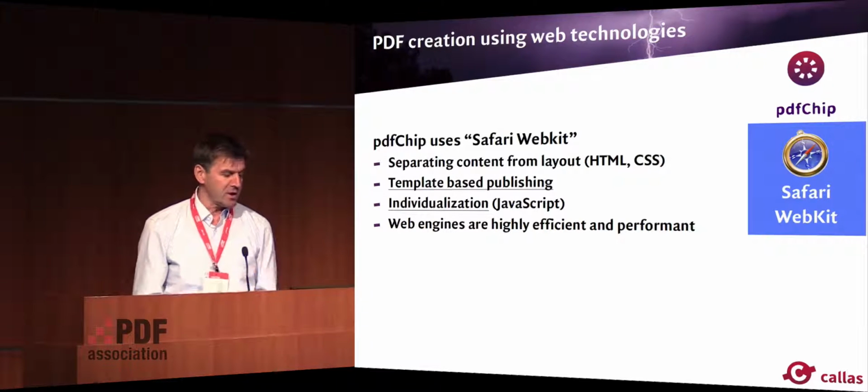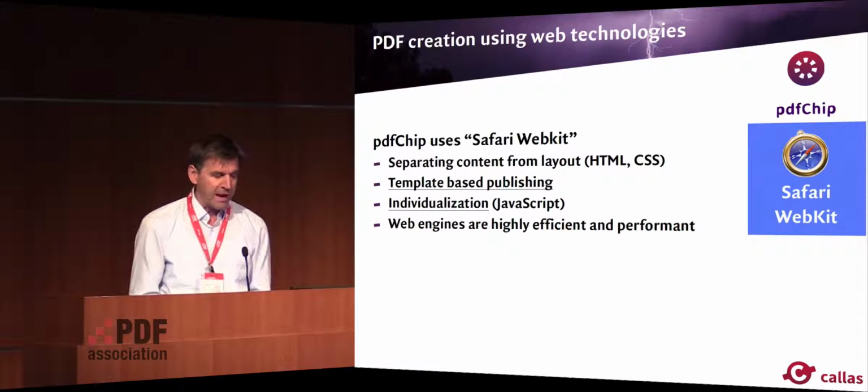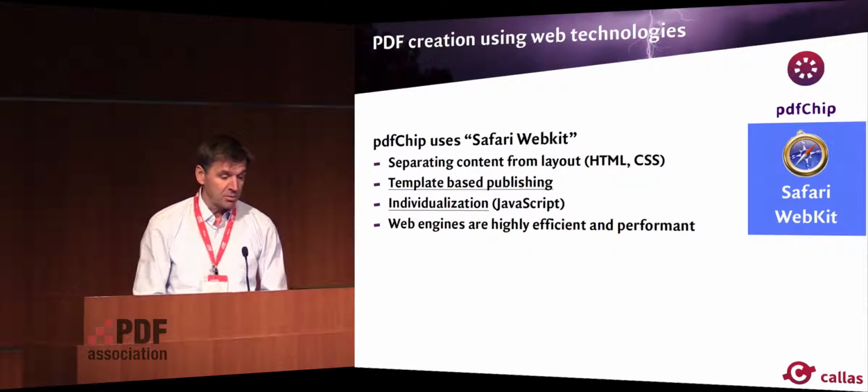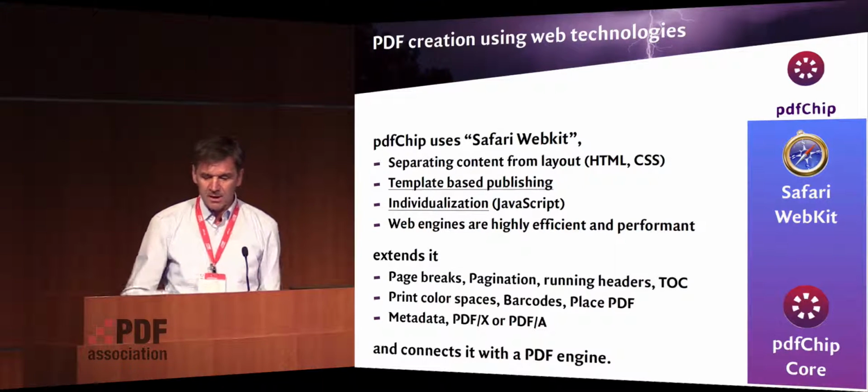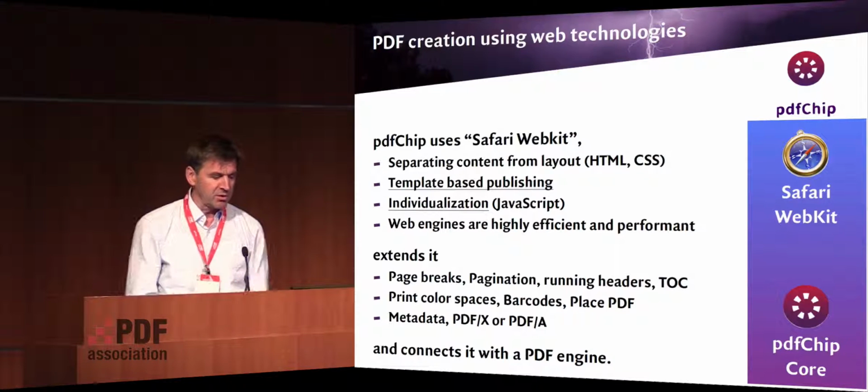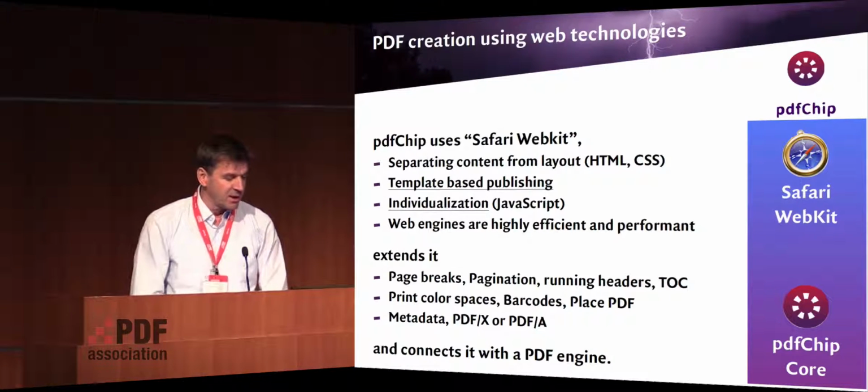You can do individualization by JavaScript, and you have a highly performant engine that allows you to interpret the page description language that you've got. So we found it a very useful thing to use the WebKit browser engine.